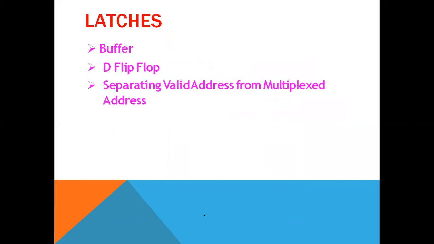D flip-flop, which we already studied in the DPSD subject, has present state and next state the same. It is a very small and simple flip-flop, used as a buffer. A buffer is a temporary storage location, separating the valid address from the multiplexed address.